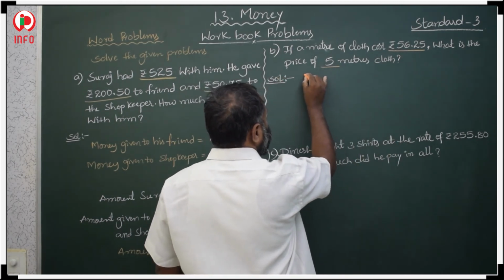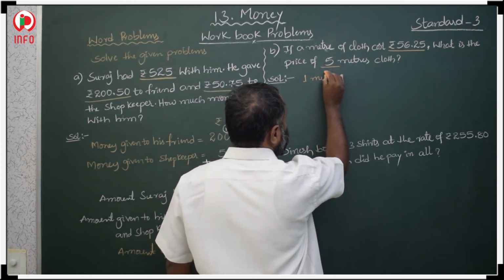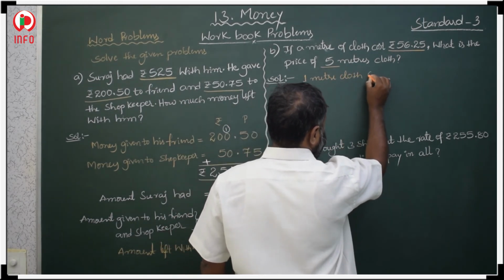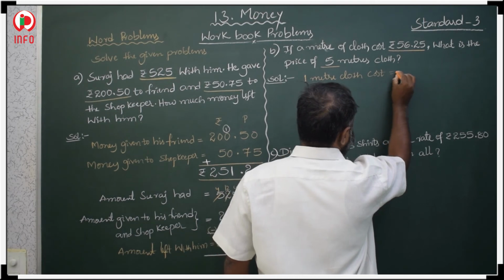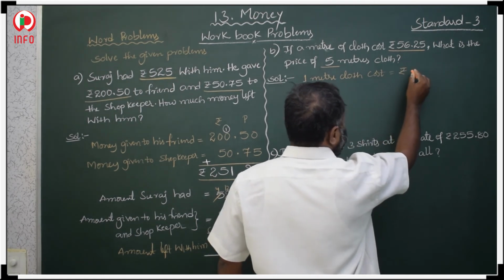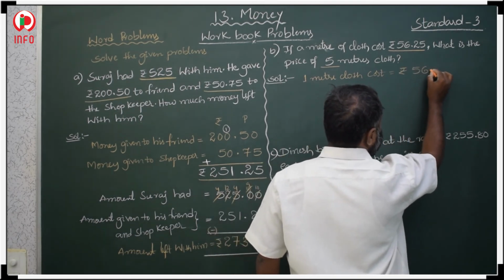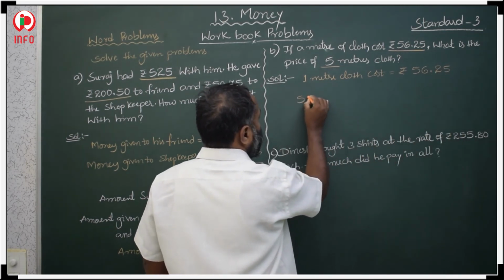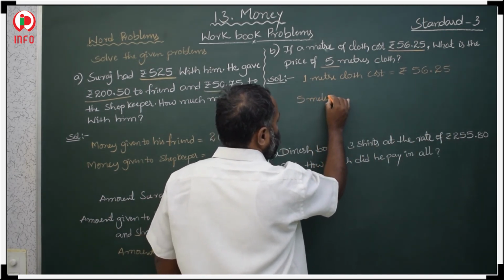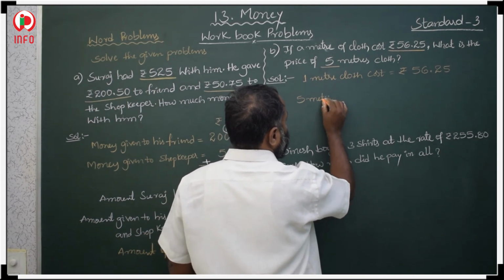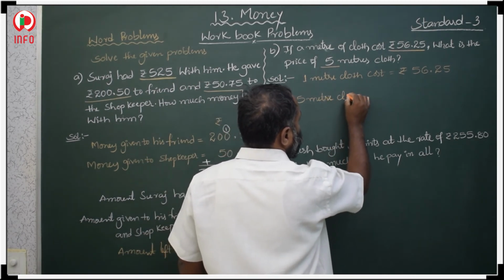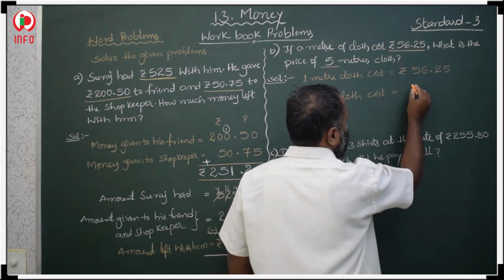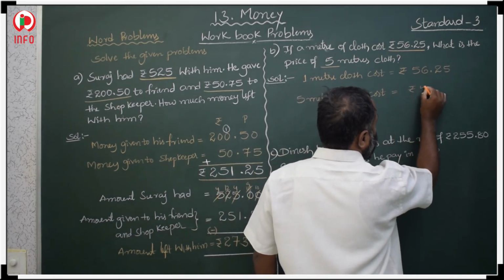So 1 meter of cloth costs how much? 56 rupees 25 paisa. Then 5 meters of cloth cost is equal to the unit price multiplied by 5.